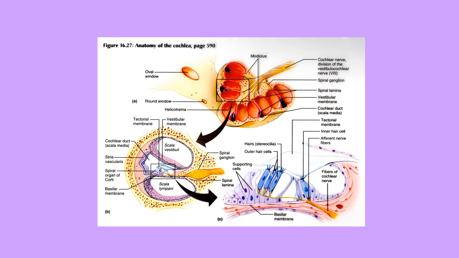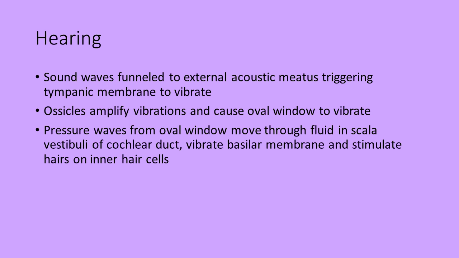For hearing, what's going to happen, as I said earlier, the sound waves are going to funnel into the auditory canal or the external acoustic meatus, triggering that tympanic membrane to vibrate. As it starts to vibrate, it causes the ossicles to vibrate. They're going to amplify those vibrations. The stapes is connected to the oval window, which is the division between the middle ear and the inner ear, and it's going to cause that oval window to start to vibrate.